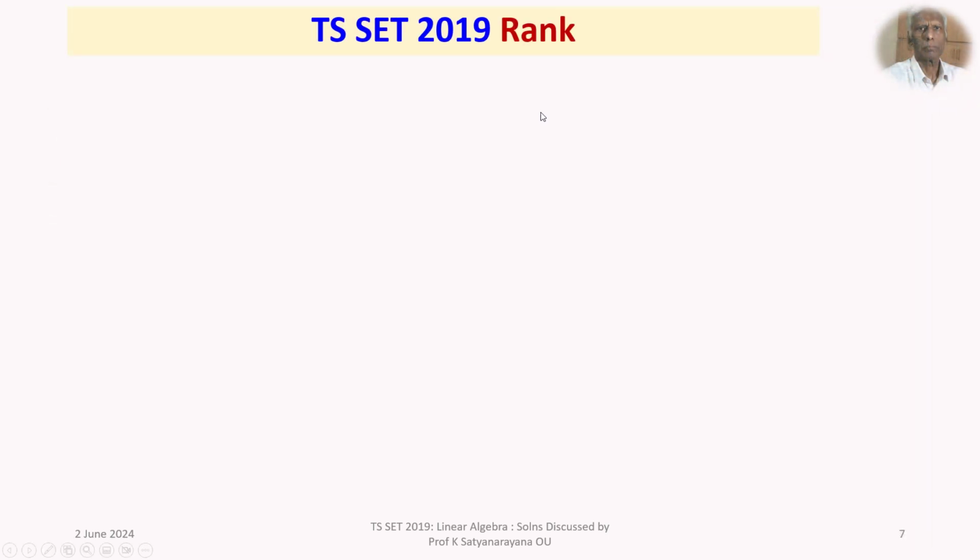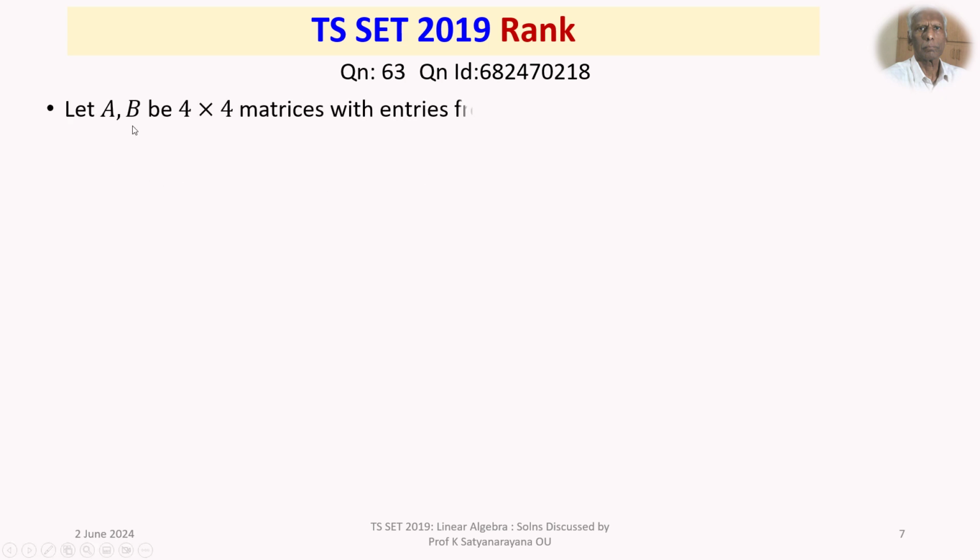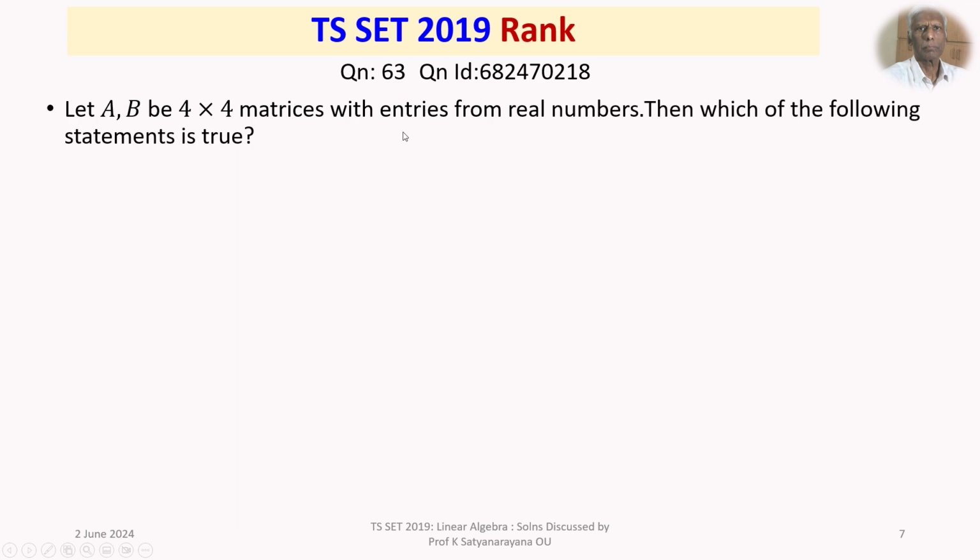This is also, again, a question on rank. The question bears the serial number 63. The given question is, let A, B be 4 by 4 matrices with entries from real numbers. Then which of the following statements is true?